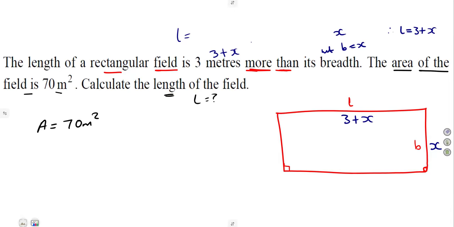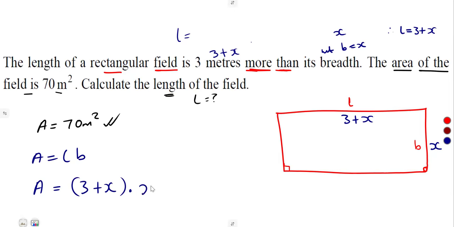There is a numerical value for the area, and we understand that the area is length times breadth, length times width. Numerically it is given, but we can form it algebraically from what you're given: the length being 3 plus x times the breadth being x.